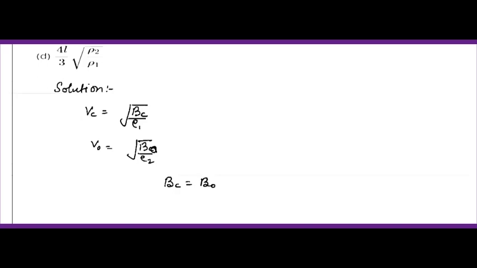Now we will find out the value of the first overtone in the closed organ pipe. So this will be equal to COP is equal to 3 Vc by 4 Lc.